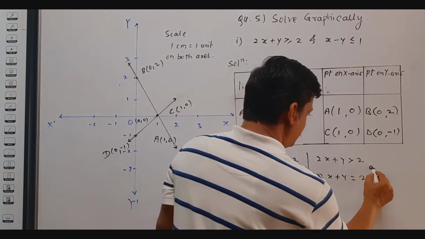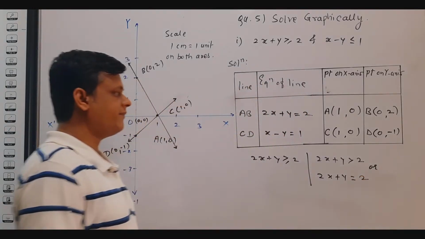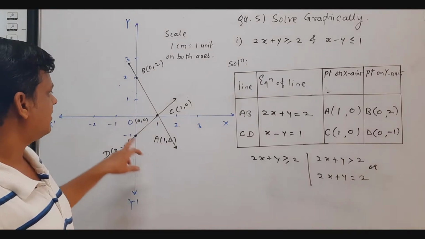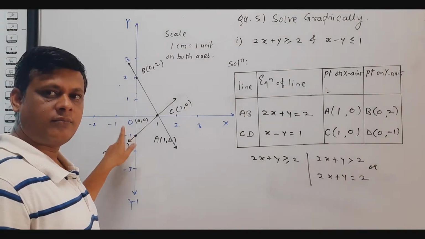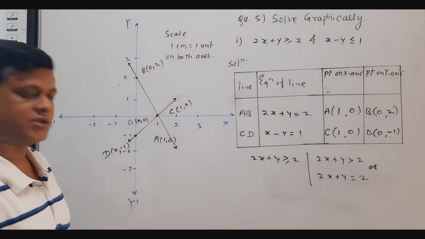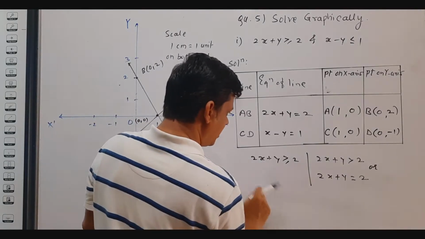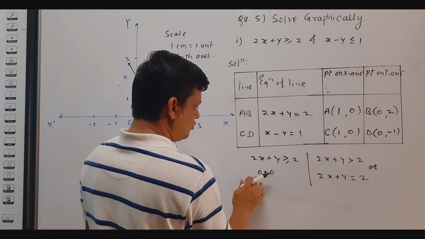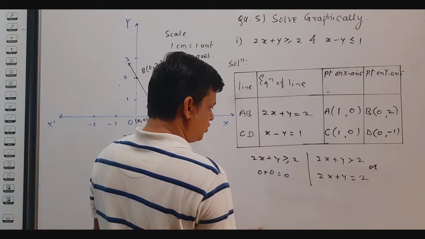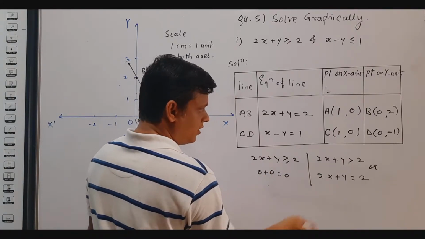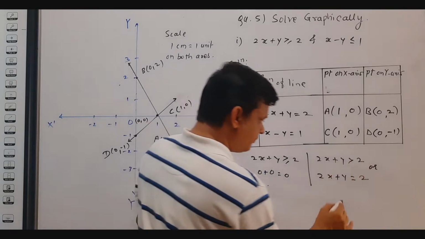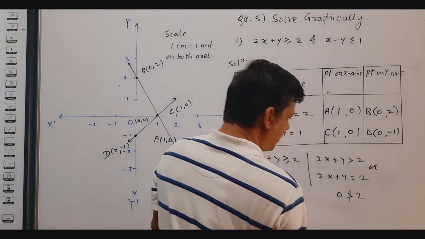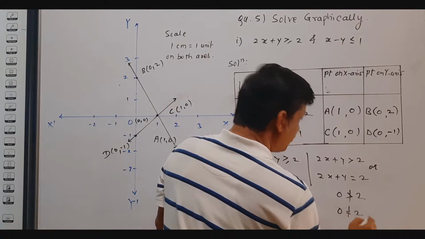If any one condition is satisfied, then we say that the point belongs to the solution set. So we write the value of x as 0 and the value of y as 0, so 0 plus 0 equals 0. We know that 0 is not greater than 2, and 0 is not equal to 2.